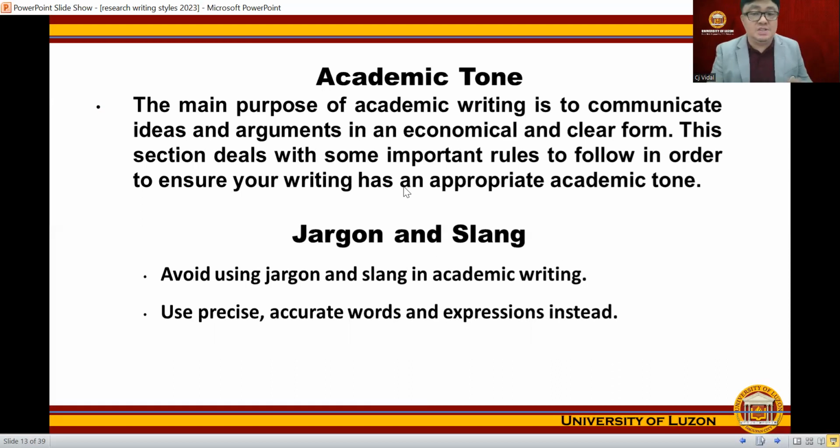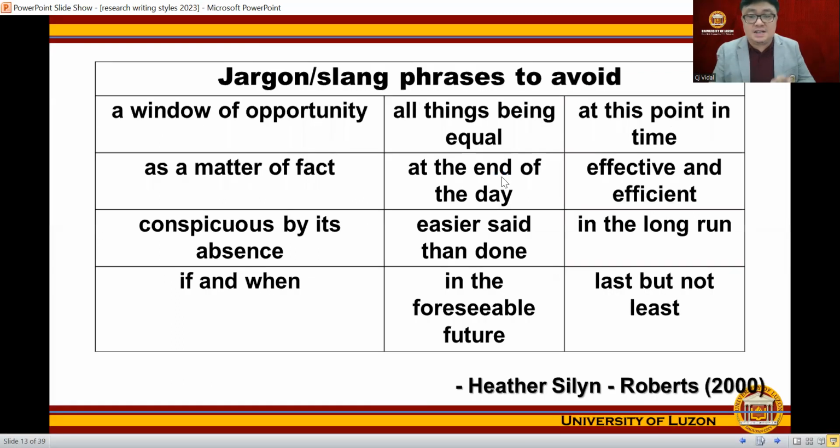So we begin with jargon and slang. We avoid using jargon and slang in academic writing. We use precise, accurate words and expressions instead. In this next slide, on jargon and slang phrases to avoid, taken from the work of Heather Silyn-Roberts in 2000, it provides a useful list of jargon or slang phrases that we should not consider.